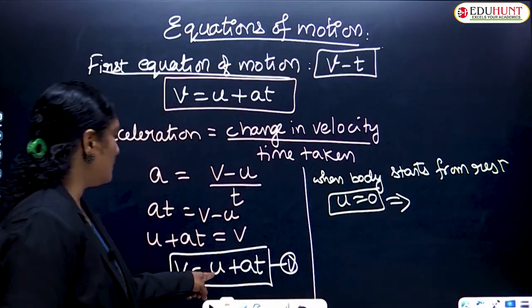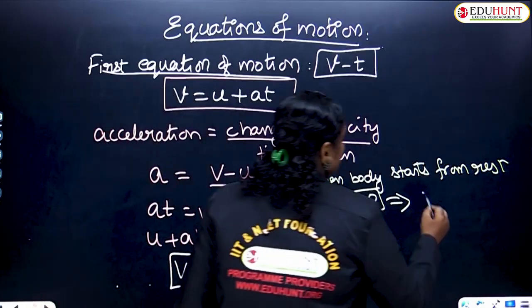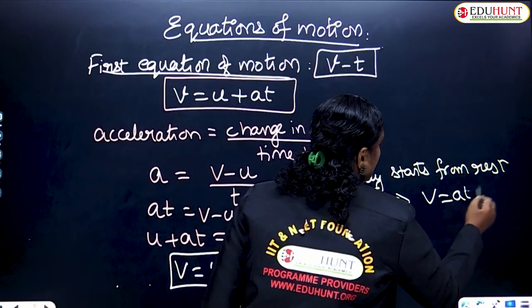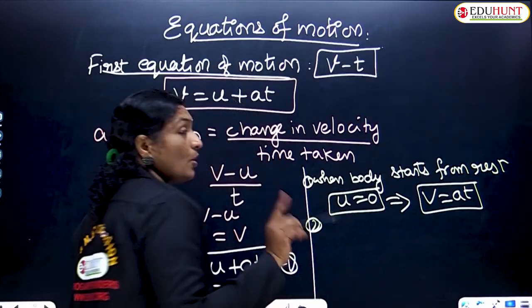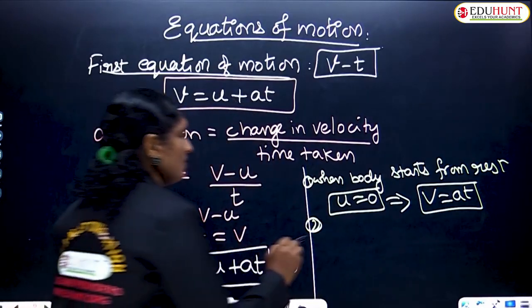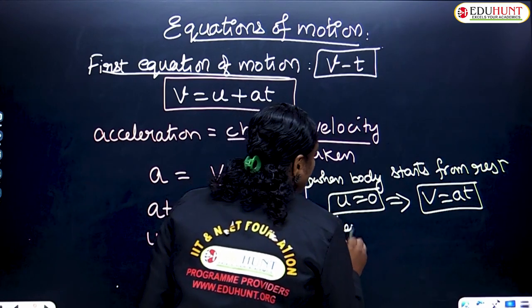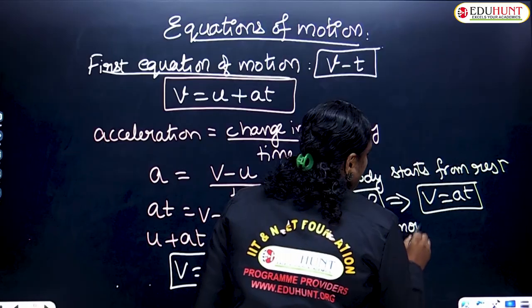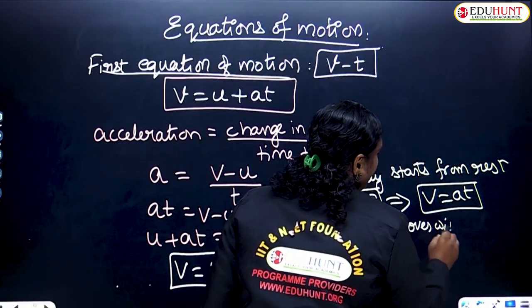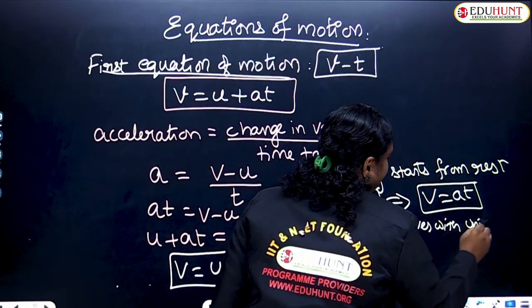So, substitute u equal to 0, then your equation will turn as v is equal to at. And case 2: whenever the body moves with uniform velocity.